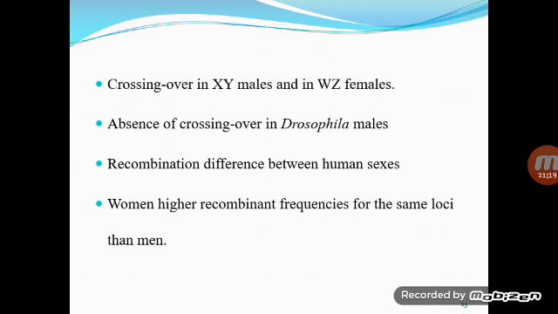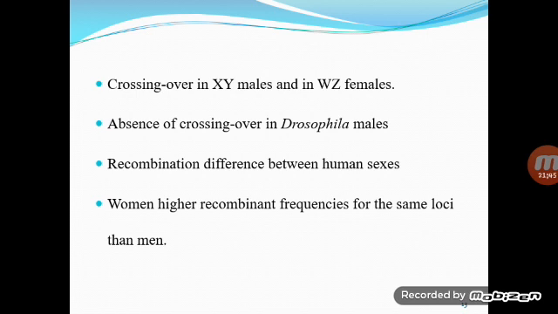Incidentally, there are recombination differences between human sexes as well. Women show higher recombinant frequencies for the same loci than do men.